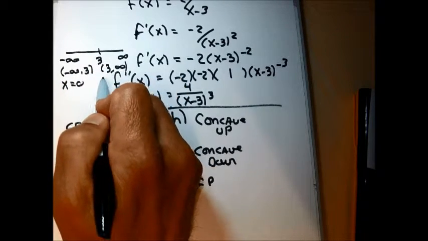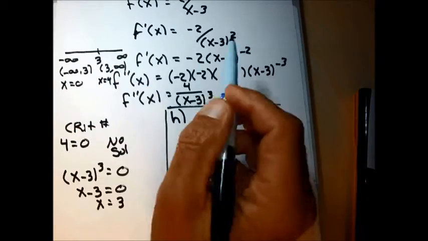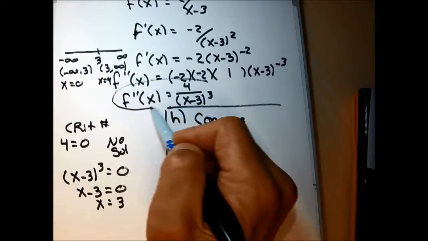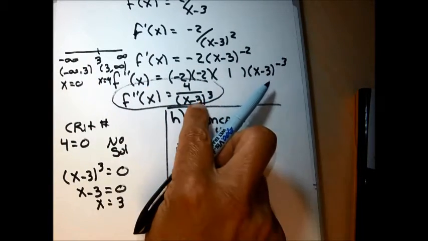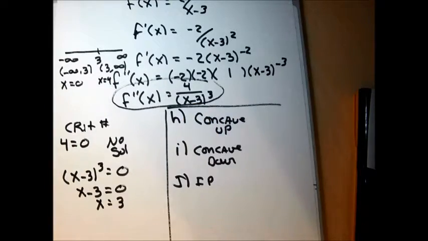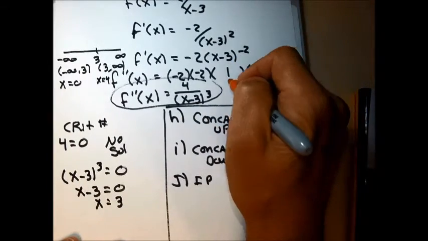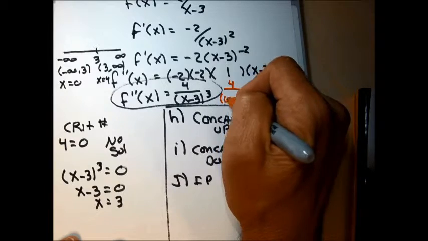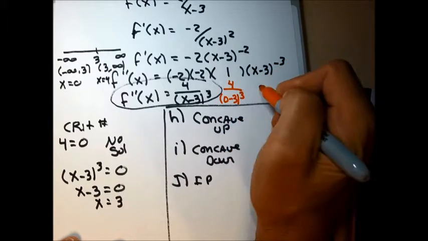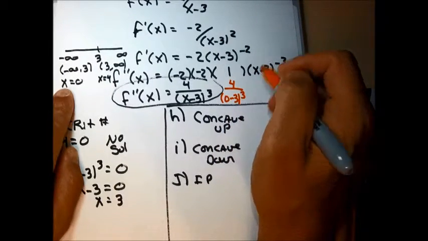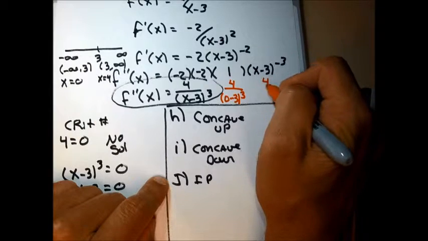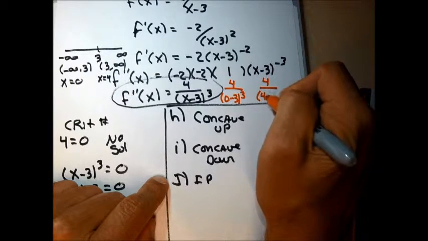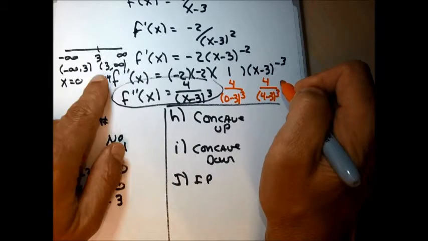This one I'm going to do x equal to 4. And what I'm going to do is plug those numbers into the second derivative. So I'm going to go 4 over 0 minus 3 cubed for the 0. And I'm going to do 4 over 4 minus 3 cubed for the 4.